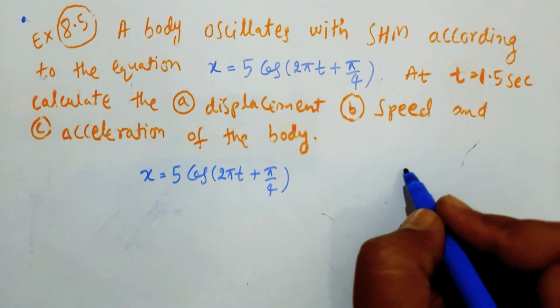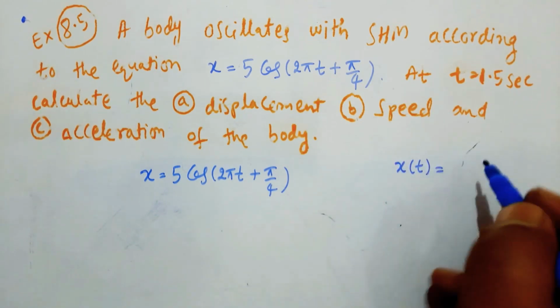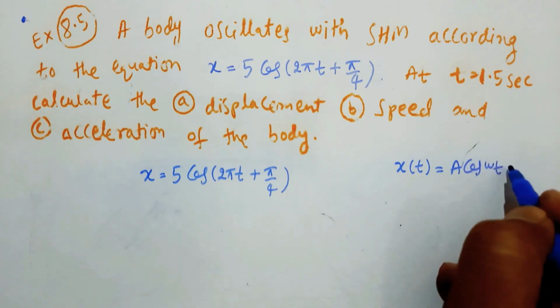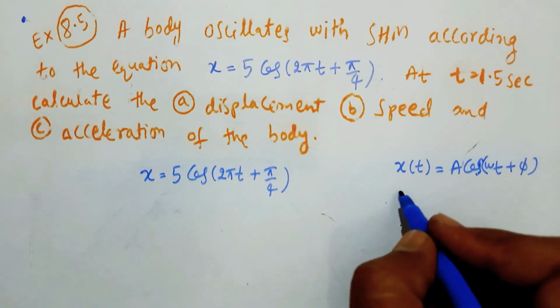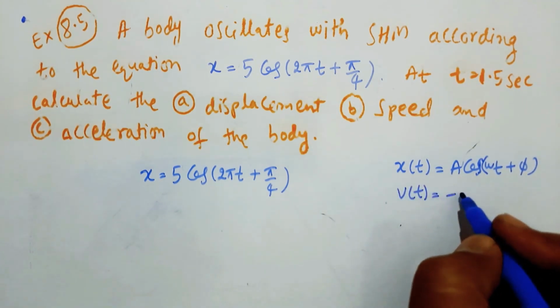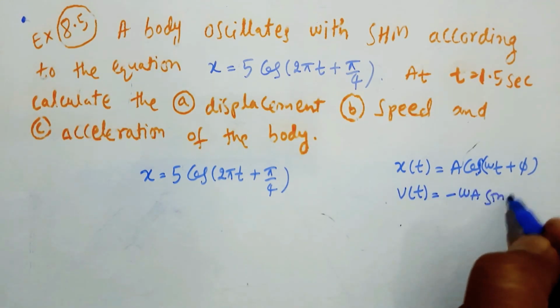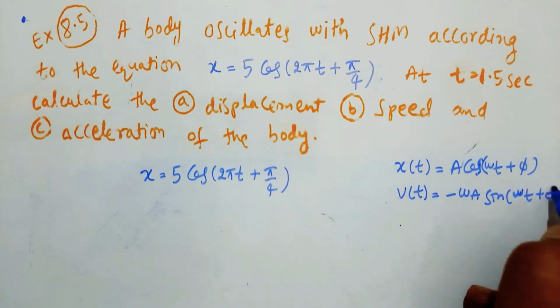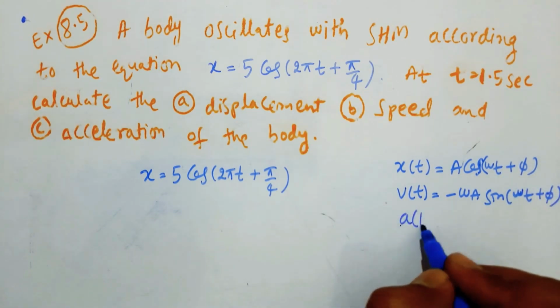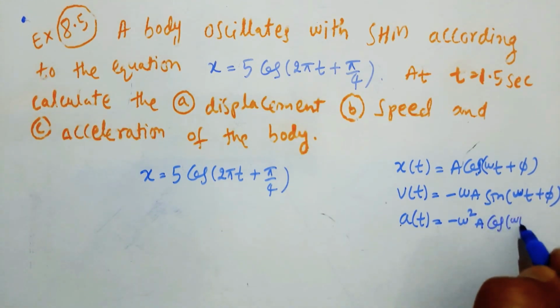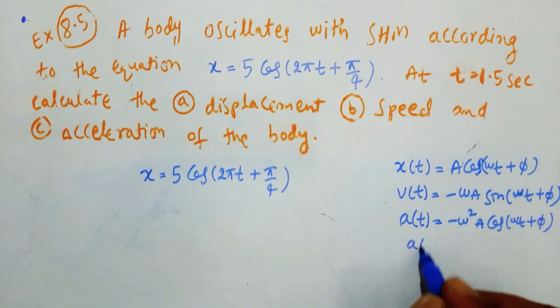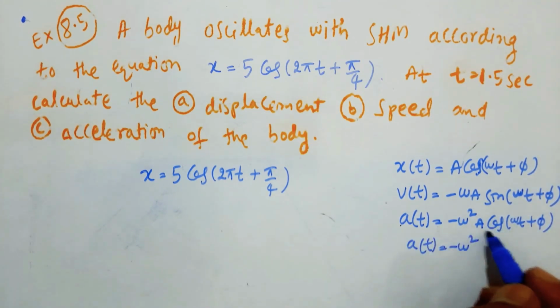Here we already learned the displacement variable x of t is equal to A cos of omega t plus phi. What about v of t? That is minus omega A sin of omega t plus phi. The acceleration variable a of t is equal to minus omega square A cos of omega t plus phi, or a of t is equal to minus omega square x of t.